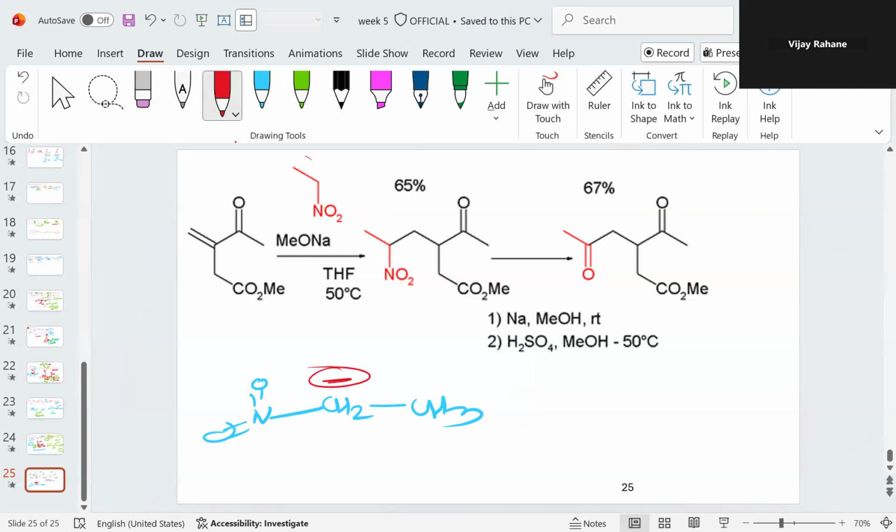In this example, we have CH3CH2NO2, right? And in the presence of base, what happens? The negative charge forms on the alpha position to this nitro.